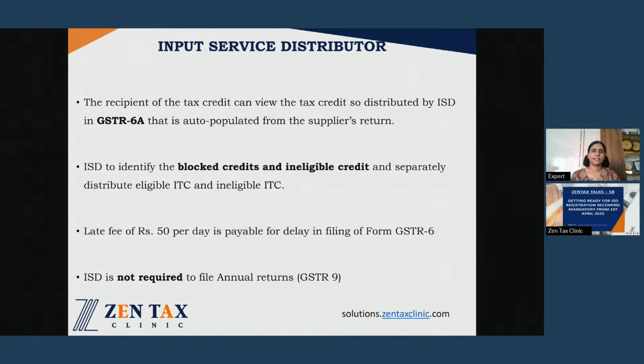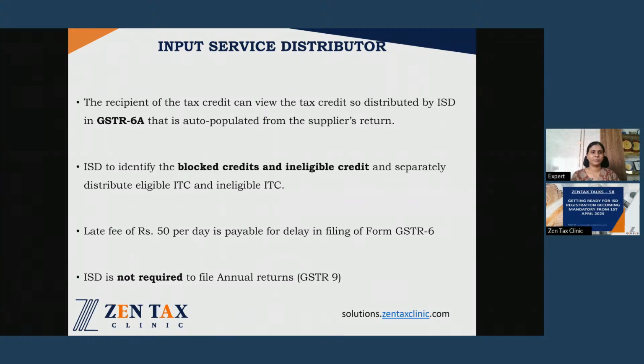The recipient of the tax credit can view the tax credit so distributed by the ISD in their GSTR 6A, which is auto-populated from the supplier's return. So the credit transferred through GSTR 6 will be reflected in the recipient's GSTR 6A. They can refer to the GSTR 6A and claim the ITC in their 3B returns.